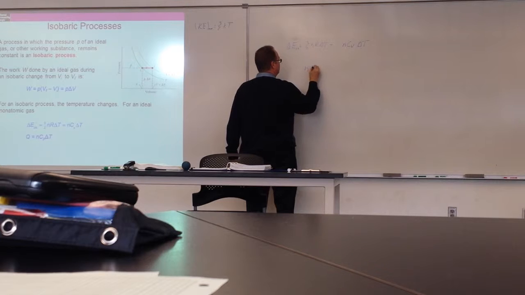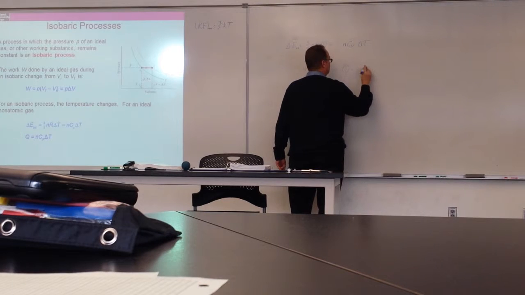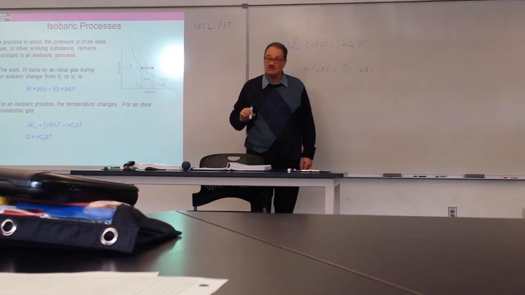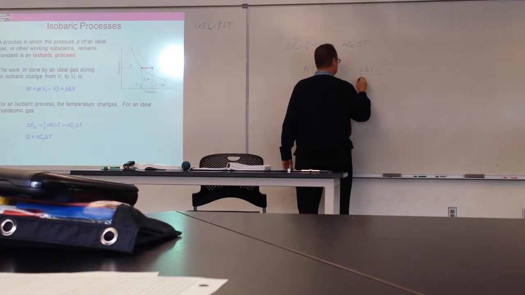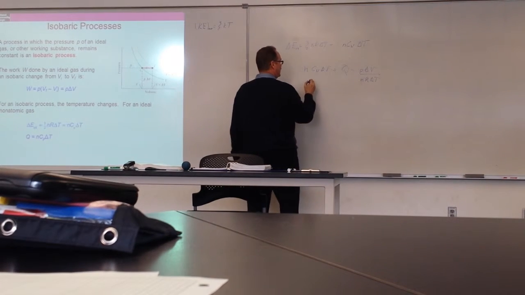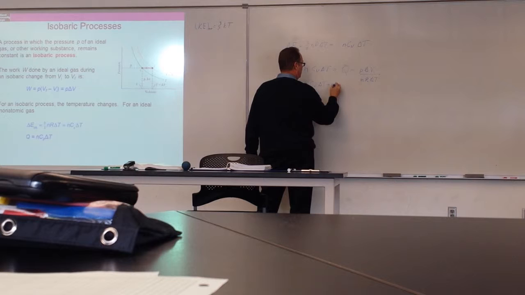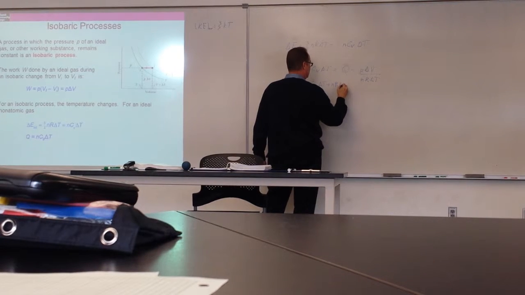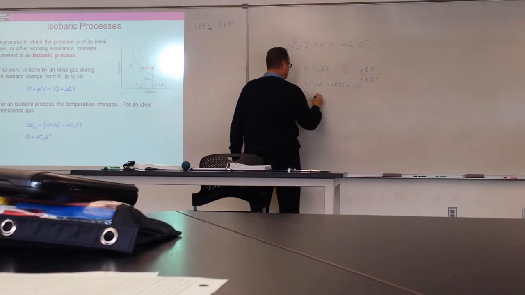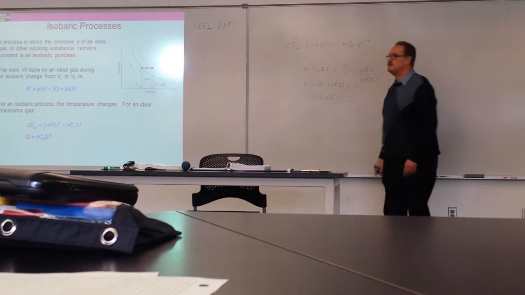So now you've got n CV delta T equals Q minus P delta V. But if it's an ideal gas, then this becomes nR delta T. So now you've got n CV delta T plus nR delta T equals Q. So now you've got CV plus R times n delta T equals Q, and CV plus R is CP.